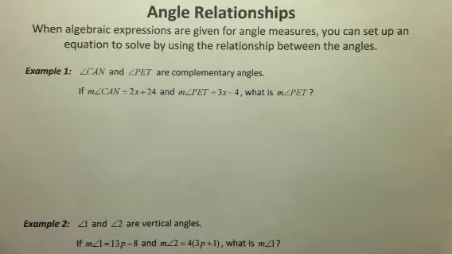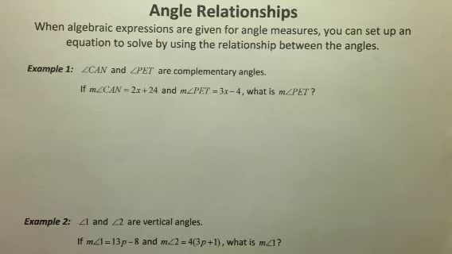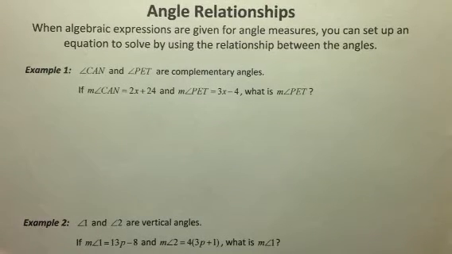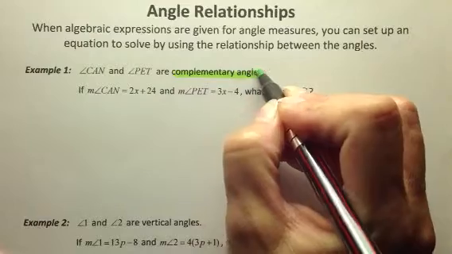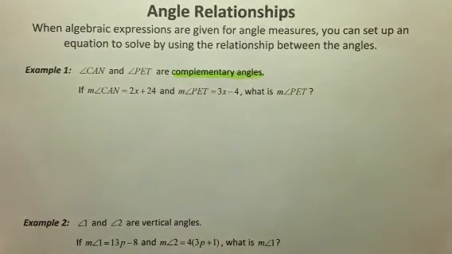Okay, so the first thing you're going to ask yourself is, what is the relationship of the angles that they're giving me? So in number one it says that angle CAN and angle PET are complementary angles. So I'm focusing, whenever I see a vocabulary word, I'm thinking that's probably significant in my problem solving.